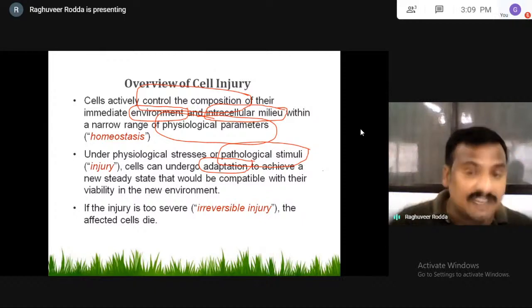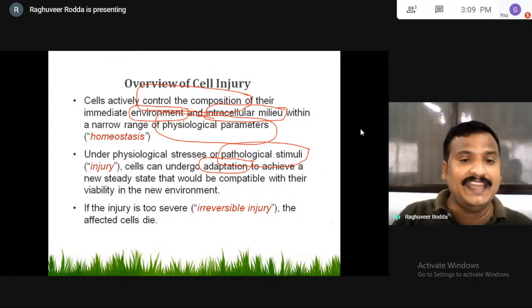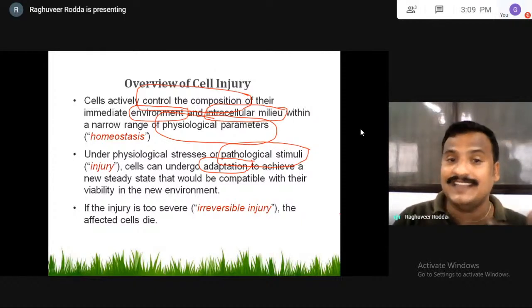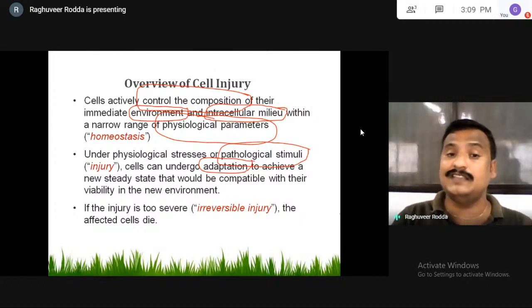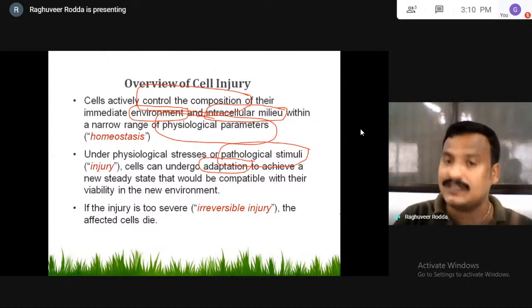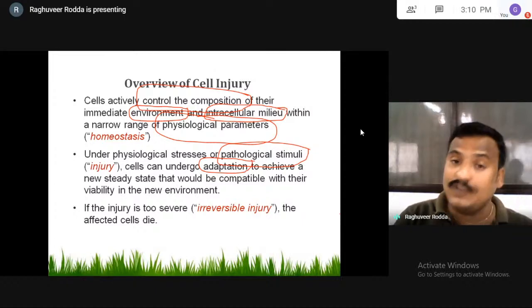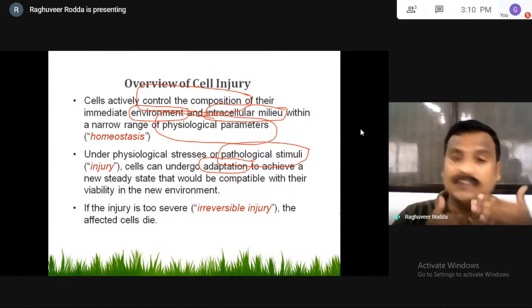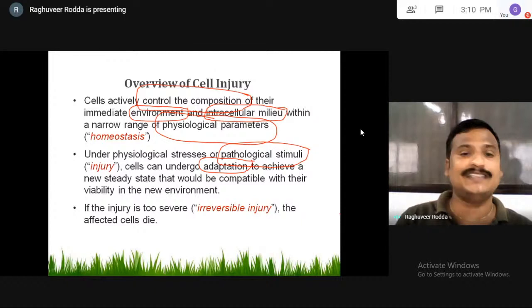So that changed environment is called a new steady state. A new steady state. Okay, the steady state is different and the new steady state is different. The steady state is the one in which the cell is having its original structure, original number, original shape, original size, with a balanced fluid content, balanced ionic content and everything.